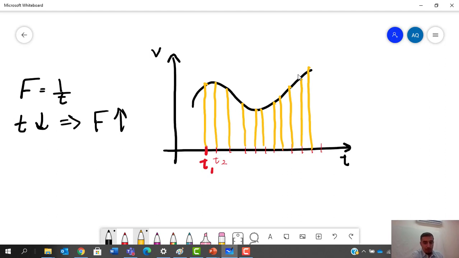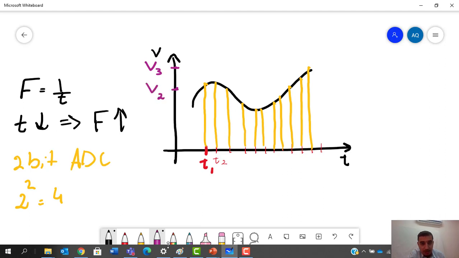Assume that I am using a 2-bit ADC. 2-bit ADC means 2 to the power 2, which is equal to 4 different voltage levels representing this signal. So I'm going to have here V3, V2, V1, and V0. These are my values, or V1, V2, V3, V4, whatever.